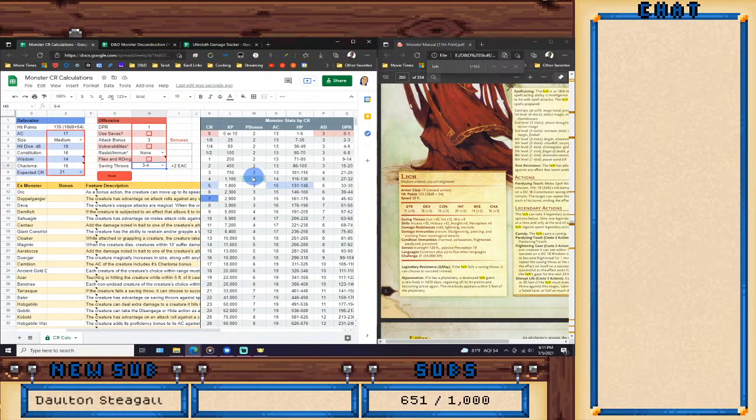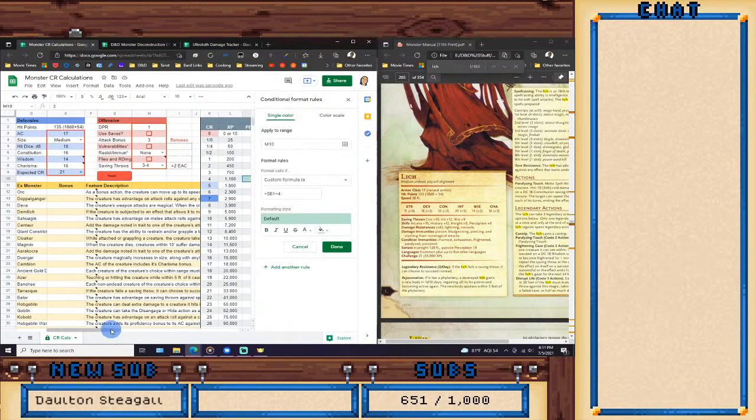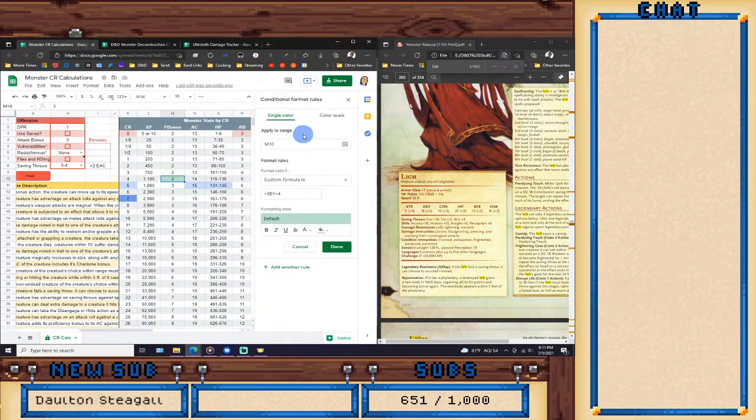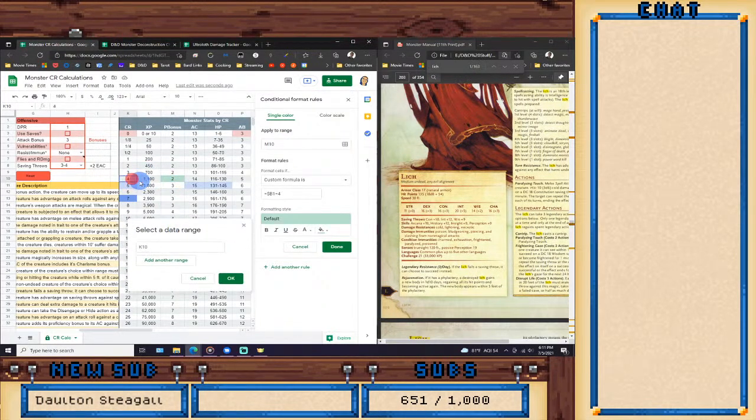Now we're seeing an interesting little bug here. This should highlight all of these, and it's not for some reason. So what's going on here in my conditional formatting? Let's take a look here. See, and this is why I still haven't quite released this yet. All right, so the range is actually supposed to be this, I believe.